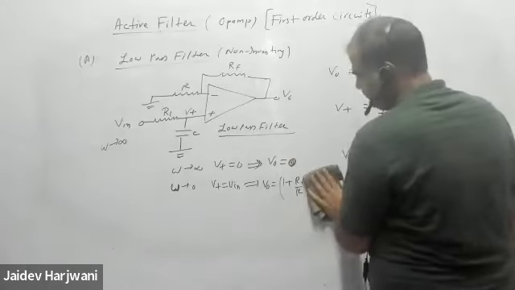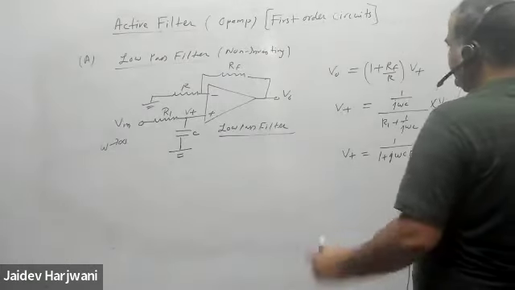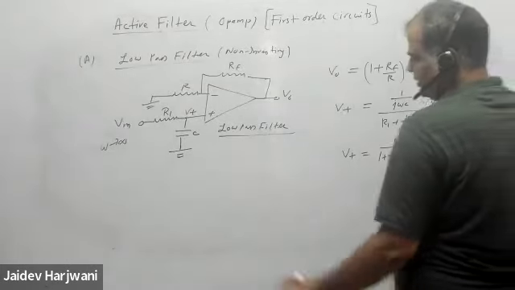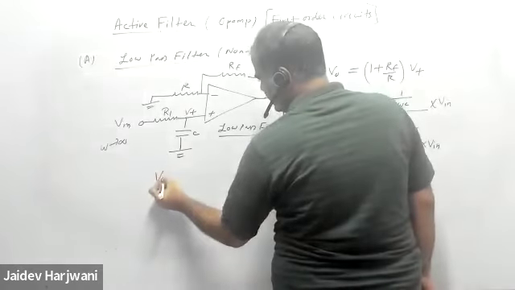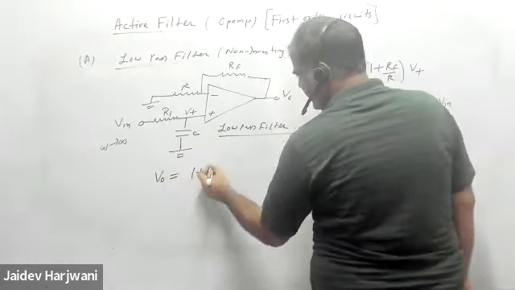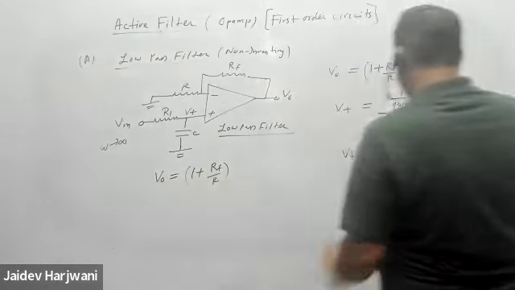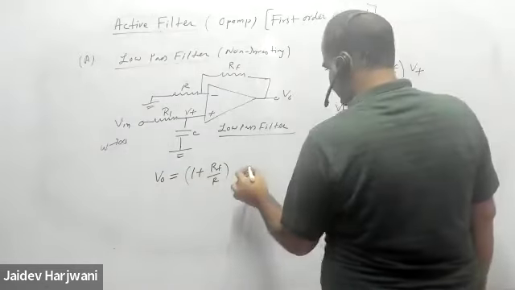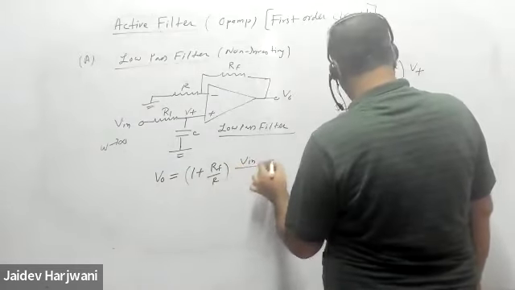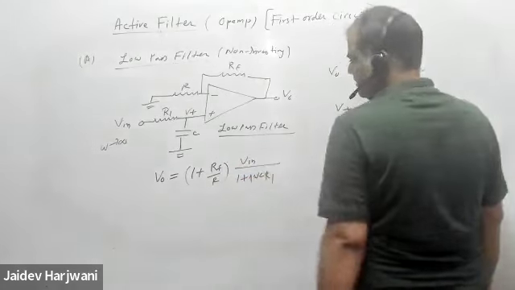Now, if I write V naught, so V naught will be what? V naught will be 1 plus RF upon R, and this is V plus, which will be V input upon 1 plus j omega C R1.